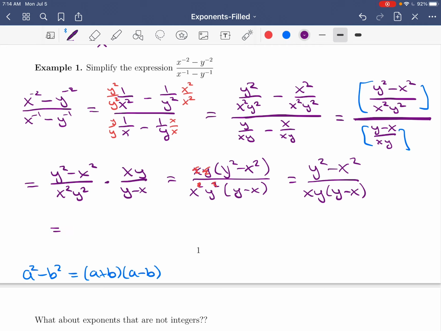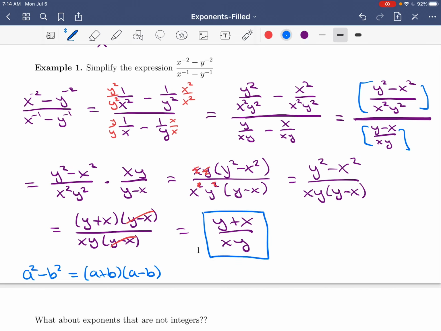So we can factor this as y plus x times y minus x. And now we can see that the y minus x can cancel out. And I'm going to have y plus x over xy. Okay, so that would be a reduced final answer.